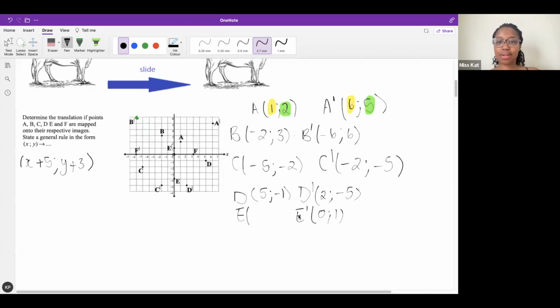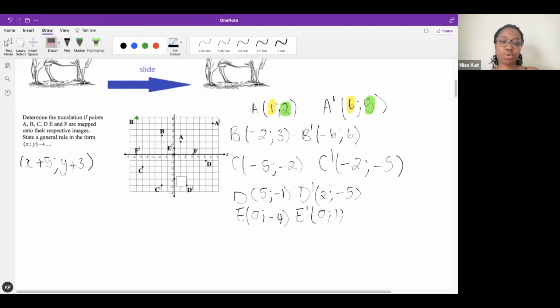Right now we're plotting points, Anele, and I'm looking for the coordinates for E, which is all the way down here. What are the coordinates for E? Thank you. 0 and -4.